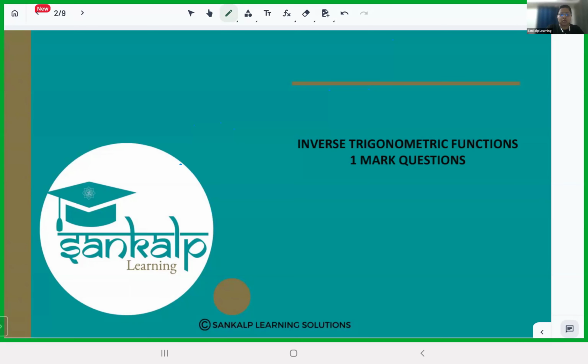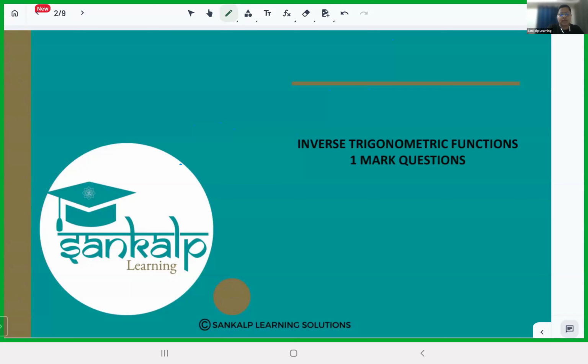All right. So before going to the discussion, we'll just have a quick reflection on what we have studied till now. I hope that everyone knows what the inverse trigonometric functions are, and we have studied about the domain as well as the range of these functions. It is very important for you to know the domain as well as the range of inverse trigonometric functions in order to solve the problems, especially the 1 mark question.